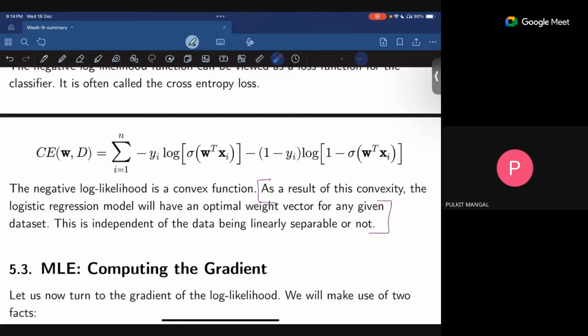Whether your data set is linearly separable or not, it will always output an optimal weight vector, and the reason for that is that this negative log likelihood is a convex function. Any doubt till now?